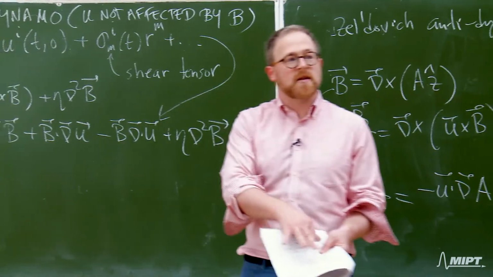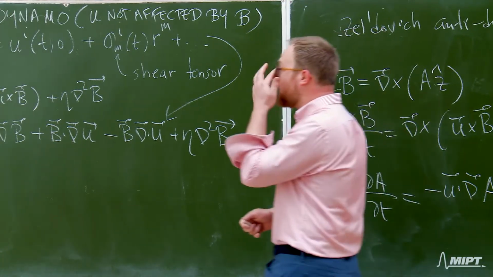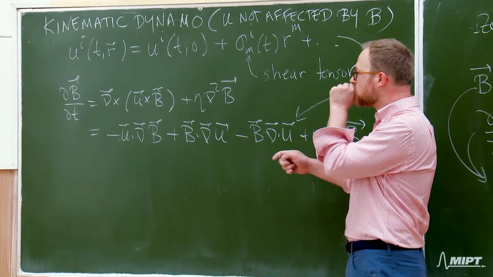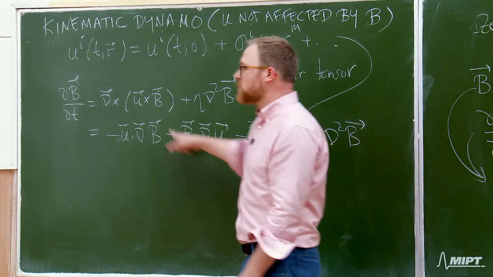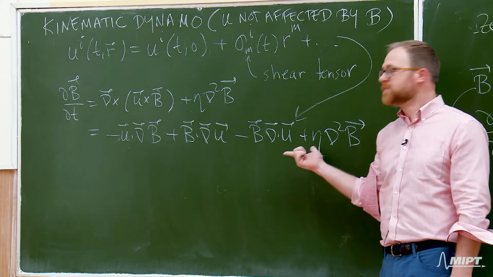So I'm not going to do this. It's in the notes. The way this works is you just take this, you substitute it in, and you look at this equation component by component.